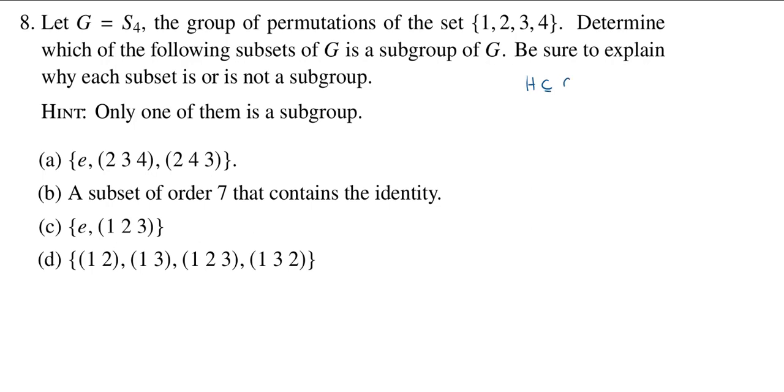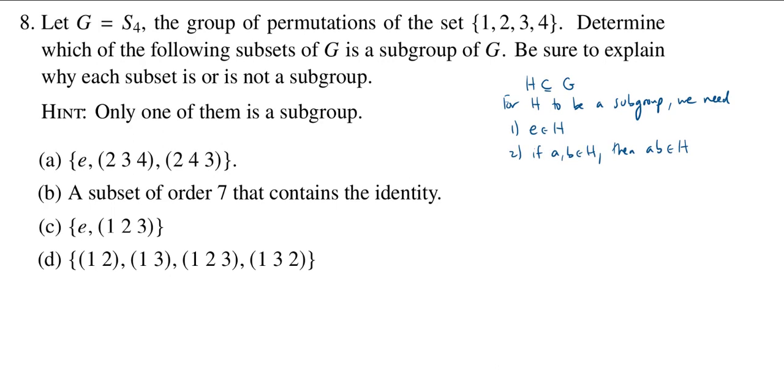If I have a subset H of G, for H to be a subgroup, first, the identity element needs to be in H. Second, if I have 2 elements of H, then their product or composition also has to be an element of H, so closed under the group operation.